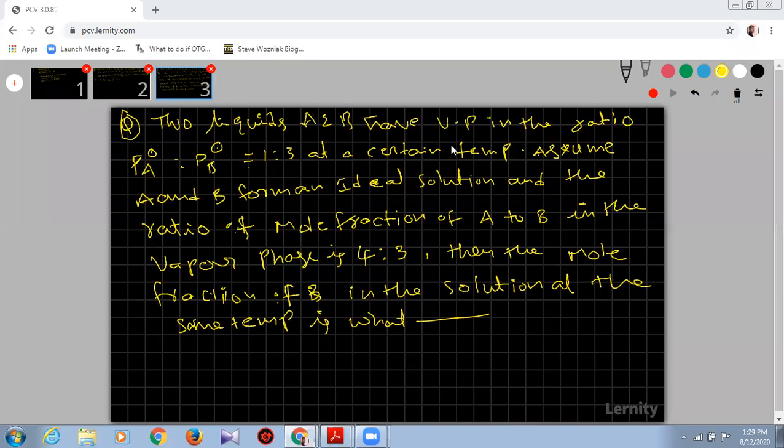Two liquids A and B have vapor pressure in the ratio PA naught is to PB naught is 1:3 at a certain temperature. Assume A and B form an ideal solution and the ratio of mole fraction of A to B in the vapor phase is 4:3. Then the mole fraction of B in the solution is?